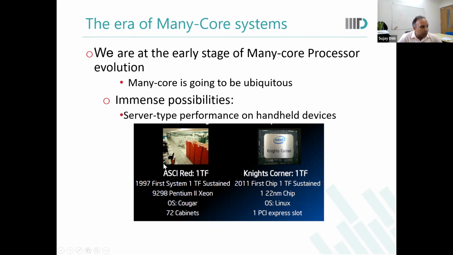It had 72 cabinets and this many Pentium II Xeon processors, and it took a large hall to house that kind of computer. And in less than 15 years, we have a single-chip solution, Intel's Knights Corner, which was designed and fabricated in 22 nanometer technology, and it could sustain the same performance, 1 teraflop.